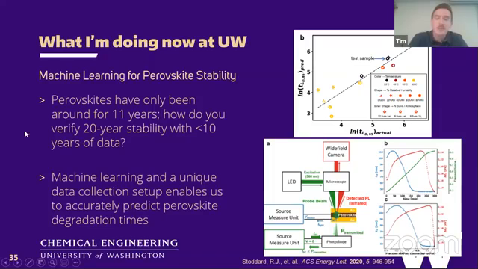And so using machine learning, we're trying to take all this high throughput data that we're collecting on perovskites and how they degrade at short times, create a predictive model that we can then use to say, okay, based on the model, we can predict that this specific formulation and this specific perovskite material will be able to last 20, 25 years. And then go beyond materials into devices as well, which is a bit of a challenge, but it's something that we're focused on right now and really interested in doing.